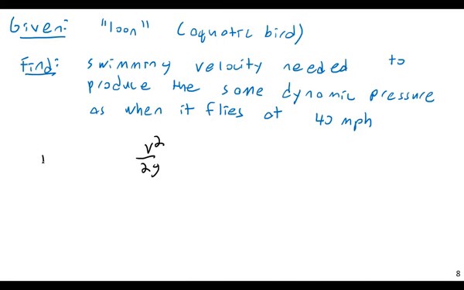And sometimes this is referred to as dynamic pressure because, again, it's another way to conceptualize Bernoulli if we think of everything in terms of pressure. And we can actually think of velocity in terms of pressure as well.